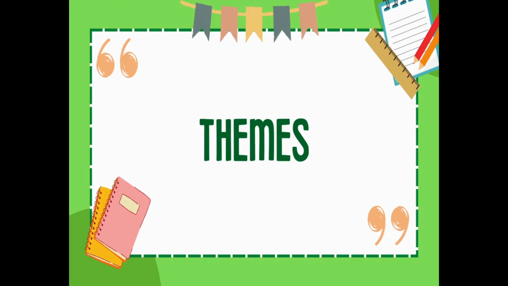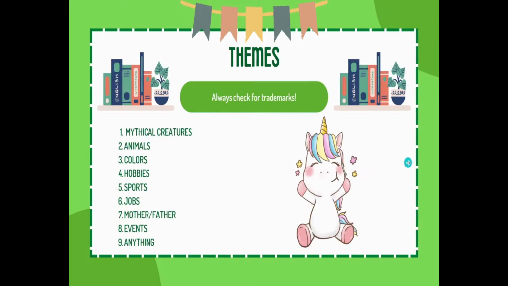And then moving into themes, again, Christmas could even be a Christmas holiday type of theme. You could do like a winter theme or a summer theme. And I have a ton of different theme ideas here. You have mythical creatures like unicorns, for example, is super popular. Animals, colors, hobbies, sports, jobs.